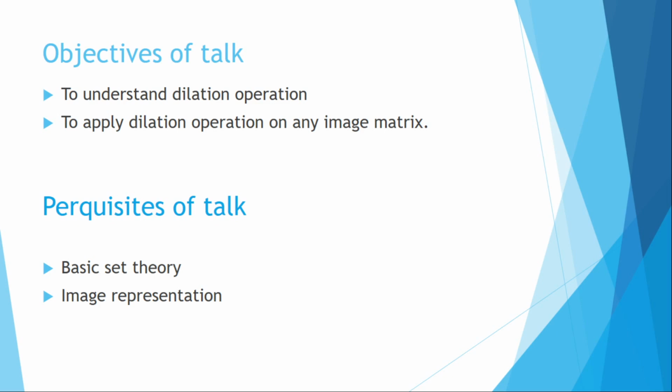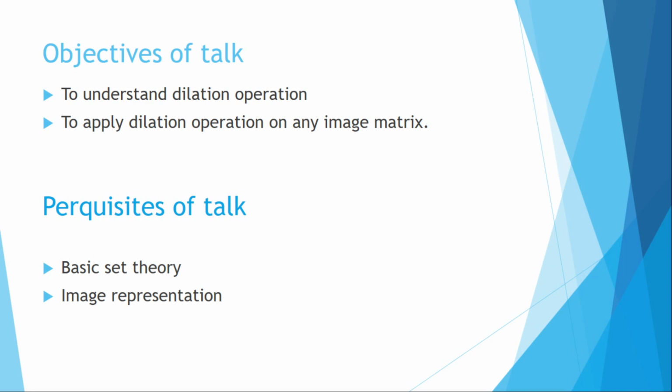The basics required to understand this talk are basic set theory, like the intersection and union operations, and how binary images with values of ones and zeros behave when I apply the OR and AND operations.